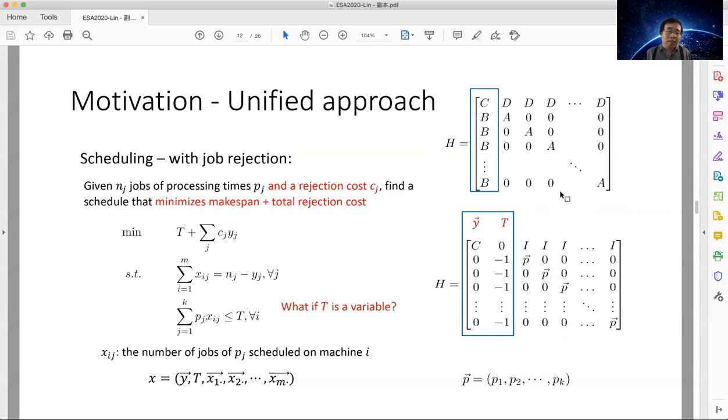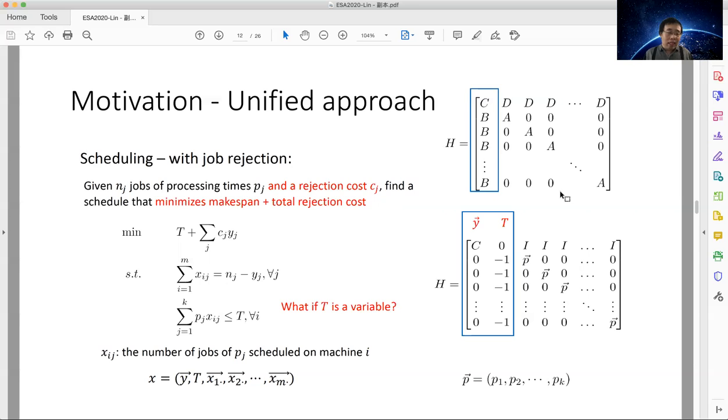Now the goal is to find a schedule that minimizes the total cost, where the total cost is defined to be the makespan plus the total rejection cost. That's a straightforward generalization of the scheduling problem, which has also been studied in the scheduling community as scheduling with job rejection.